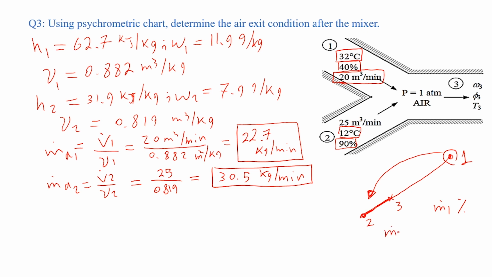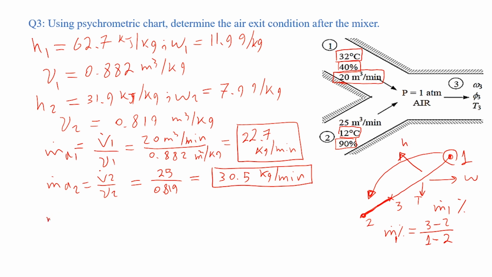So mass percent for point 1 will be 3 minus 2 divided by the total distance, which is 1 minus 2. So we can take this from the omega axis, or from the temperature axis, or from the enthalpy axis.